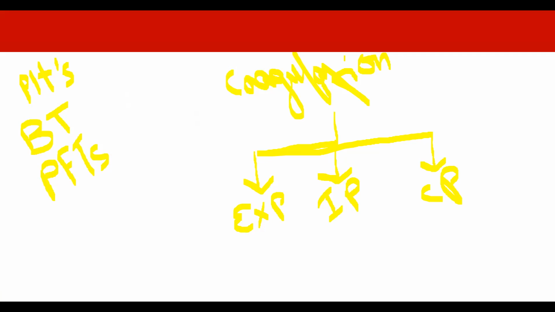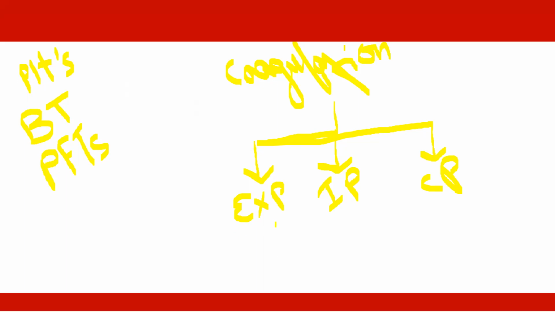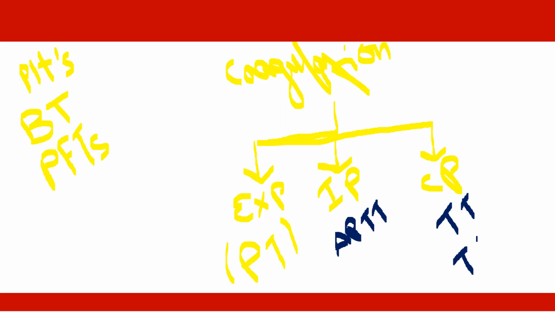No issues. Now, extrinsic pathway disorders can be detected by prothrombin time, whereas intrinsic pathway disorders can be detected by activated partial thromboplastin time, APTT. Then common pathway disorders can be detected by thrombin time and the thrombin generation test.